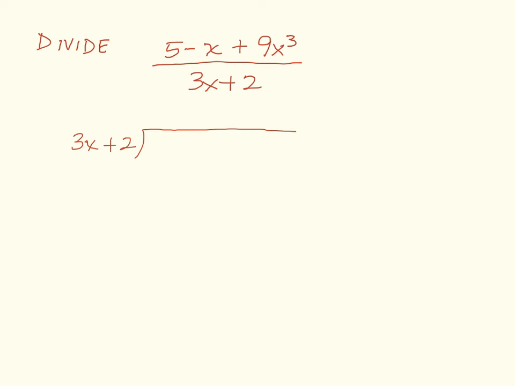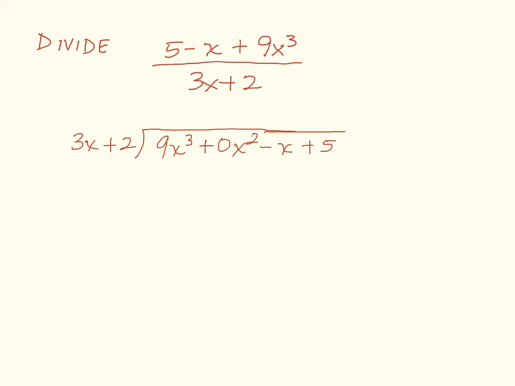But we also have to write these terms in descending order of the exponent. So we're going to start off by writing 9x to the third, we're going to insert 0x squared, and minus x because it is a negative x, and plus 5.